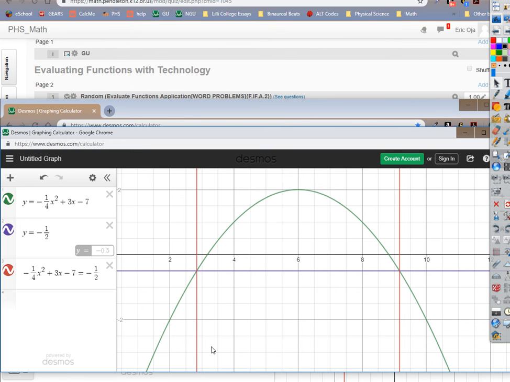But notice that the vertical lines intersect the two functions at the points of intersection. So it's literally graphing the answers, x equals 2.838 and x equals 9.162. So if you literally write the equation in Desmos, it's going to give you vertical lines at the x-values that are the solutions.